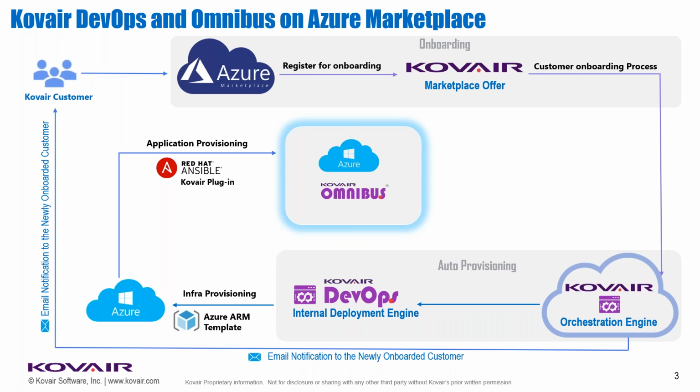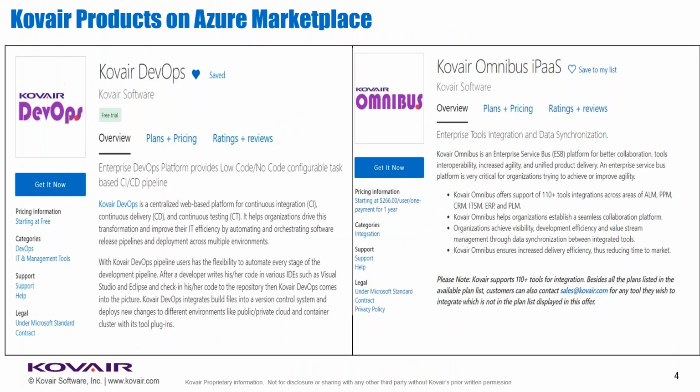The only difference is we are using the Azure Resource Management template for infrastructure provisioning. So currently Kovair DevOps and Kovair Omnibus iPaaS are on Azure Marketplace. Please check plans and pricing. And if you want to buy these two products, just click the Get It Now button.